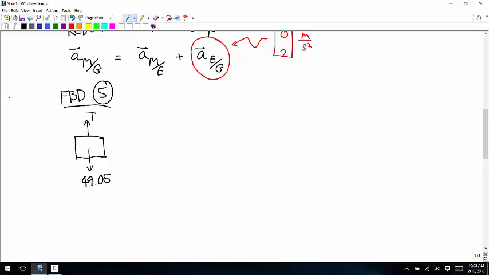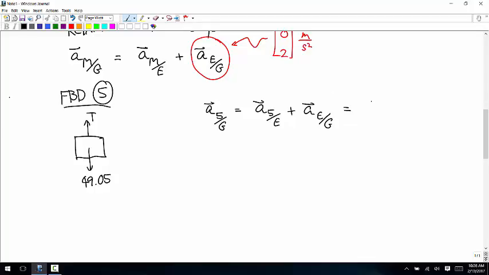That weight doesn't change due to the acceleration. The acceleration of the 5 relative to the ground is equal to the acceleration of the 5 relative to the elevator plus the acceleration of the elevator relative to the ground.